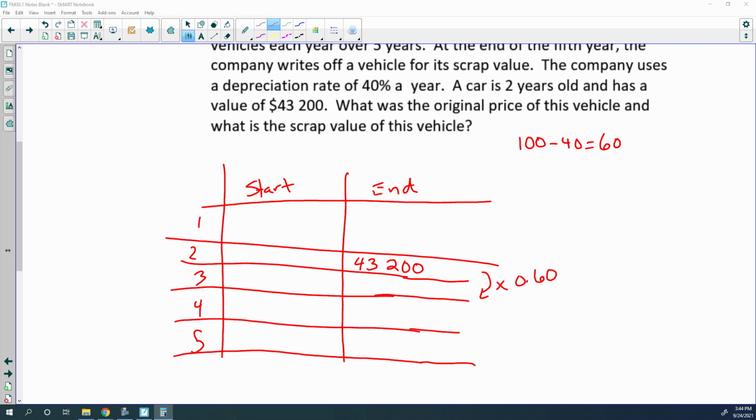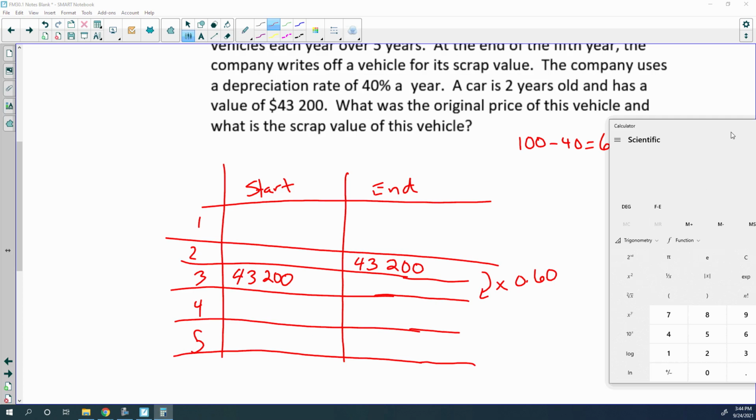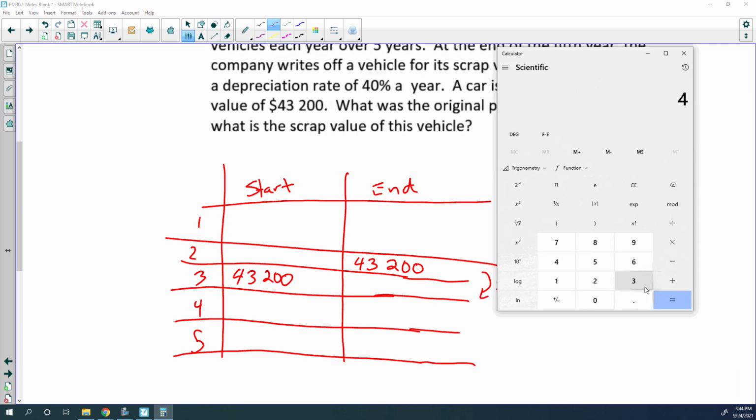So at the beginning of year 3, it's still the 43,200. And then I'm going to take my calculator, 43,200, times it by the 0.60. So the new price is going to be 25,920.